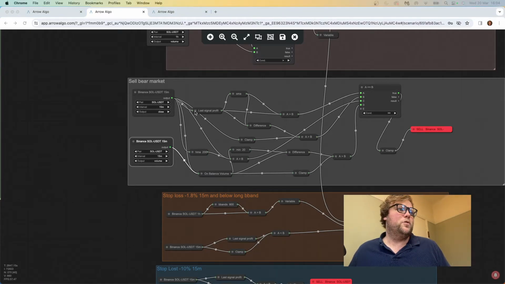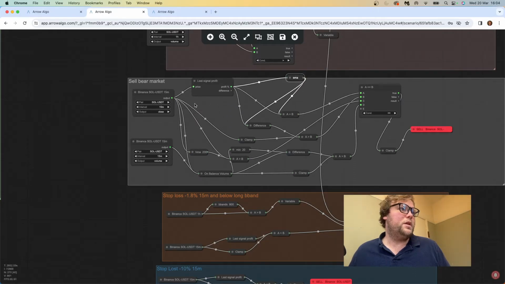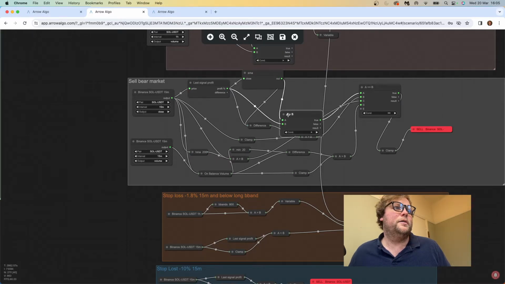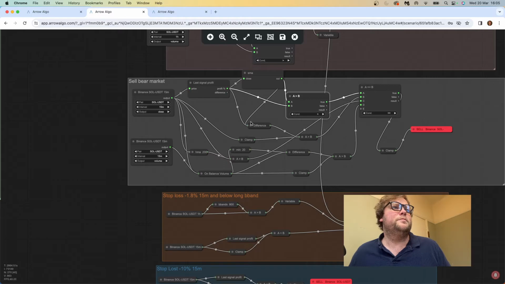So we've got a rule in here around last signal profit again. Every 15 minutes, the closing price will feed into the last signal profit, and we'll check whether that profit is less than the 14-part moving average.